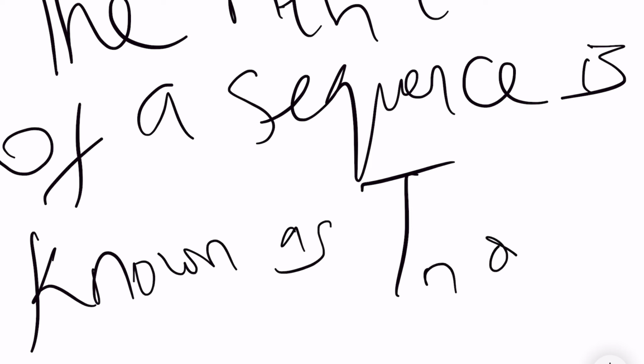The nth term of a sequence is the term from which all other terms can be generated using natural numbers.